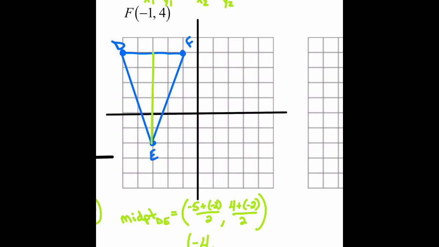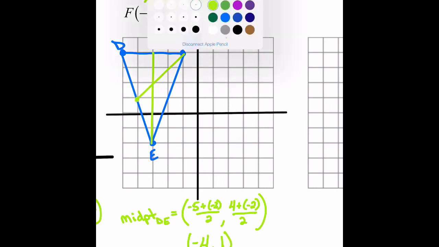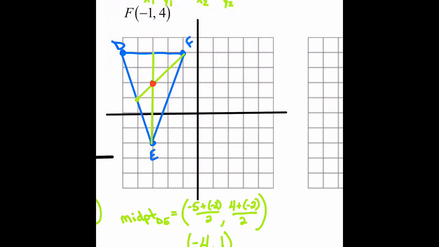And then 4 plus -2 is 2 divided by 2, which is 1. So we have a midpoint of DE at -4, +1, which is right about here. We connect it to the opposite vertex. And we can already see our centroid forming right here at -3, +2. So our final answer is our centroid is at -3, +2.